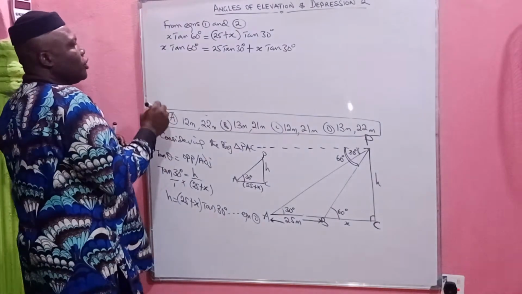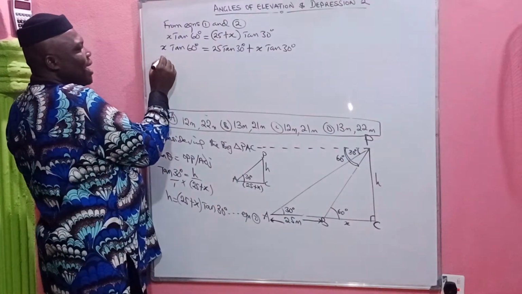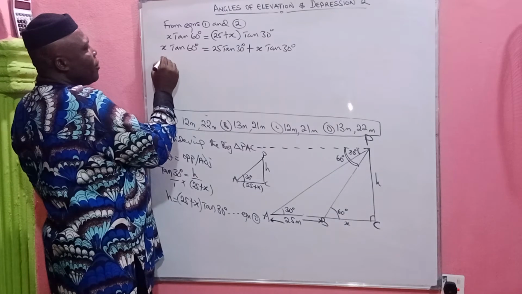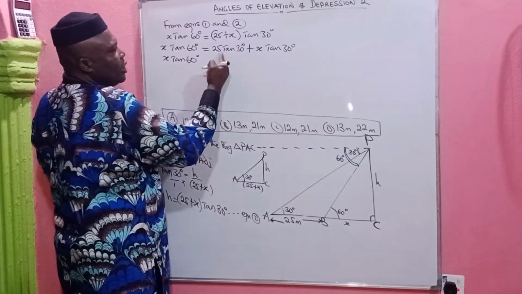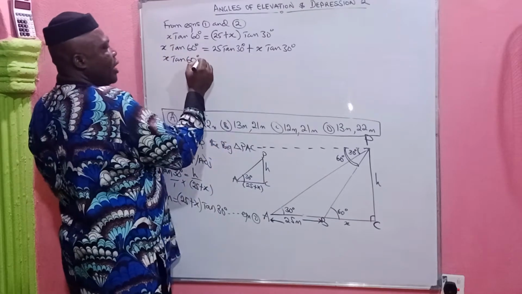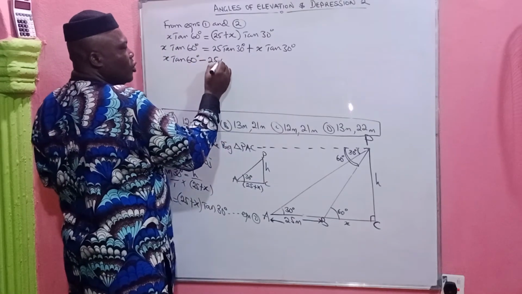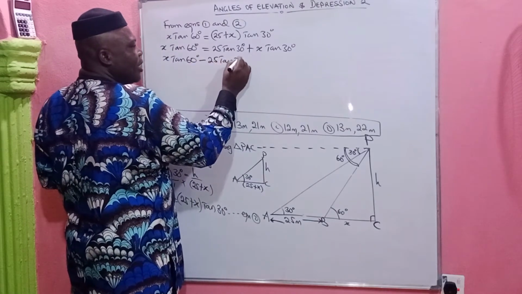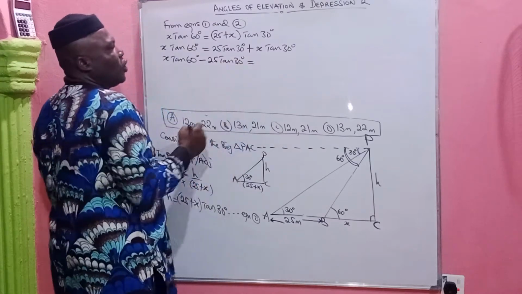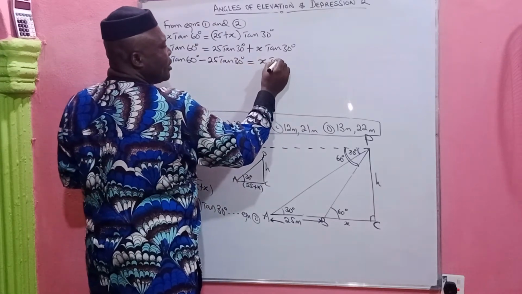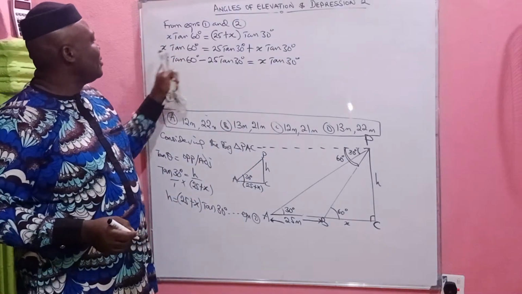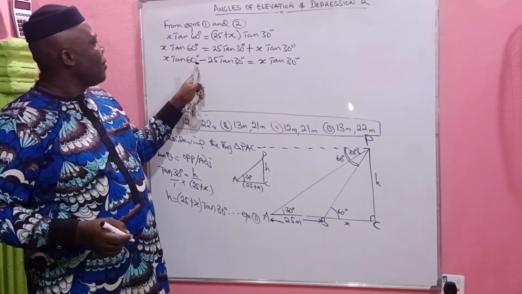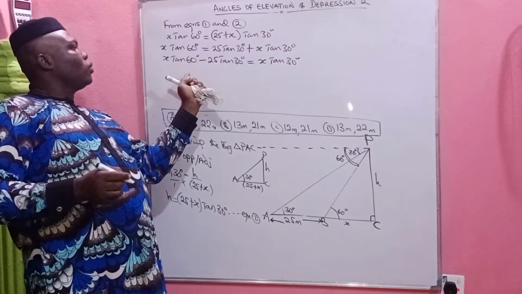All right. Okay, so we are going to have our X tan 60. This will cross to be the brother here, minus, to become minus 25 tan 30 degrees. Of course, that will give us just X tan 30. Please watch this. All right. So X tan 60 degrees, and then we have 25 times will cross to give us this.